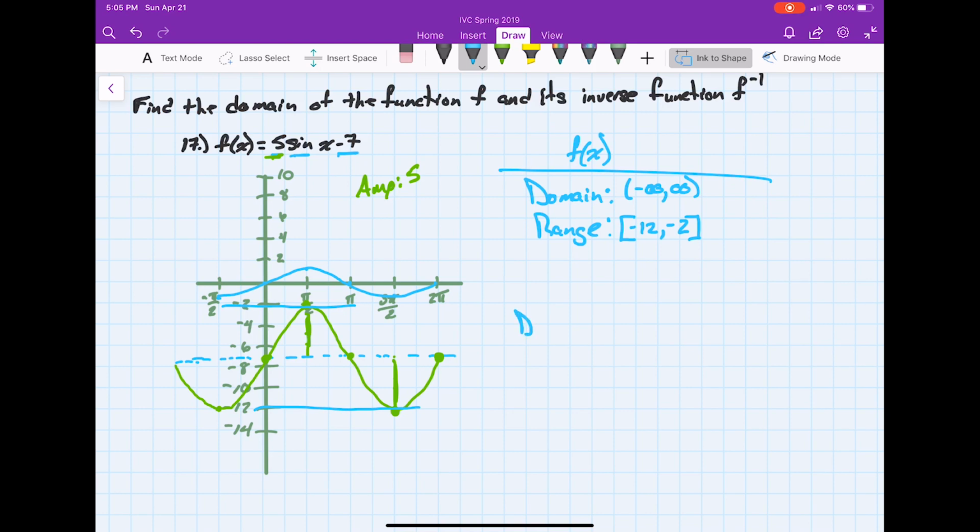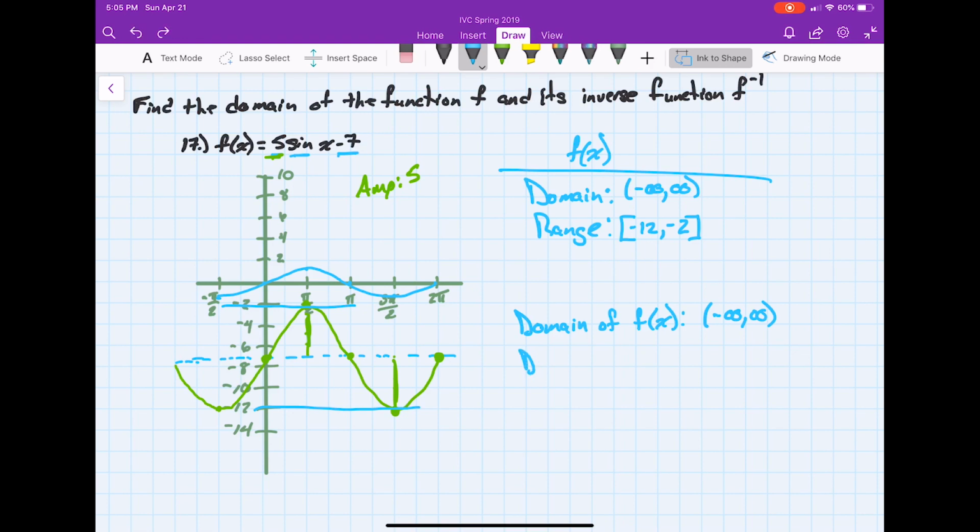Now the reason I look for the range there is because when we do the inverse, we flip those around, right? So our range becomes our domain of the inverse. So the domain of f of x is -infinity to infinity. But then our domain, whoa, of course it works when I don't want it to work.